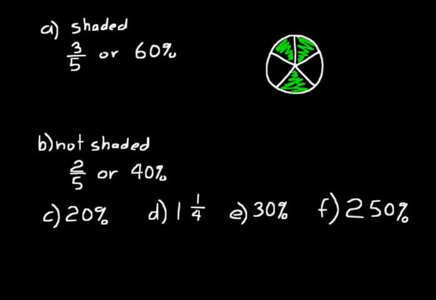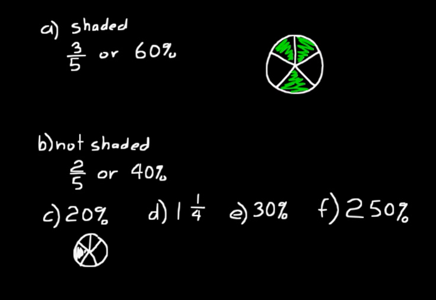Now in C through F, what I want you to do is use fraction circles to identify each of those fractions or percents, or to describe them basically. So on C, 20%, what you could do is just think of 20, 40, 60, 80, 100, and I don't expect you to be perfect on breaking this into exactly 5 equal looking pieces.